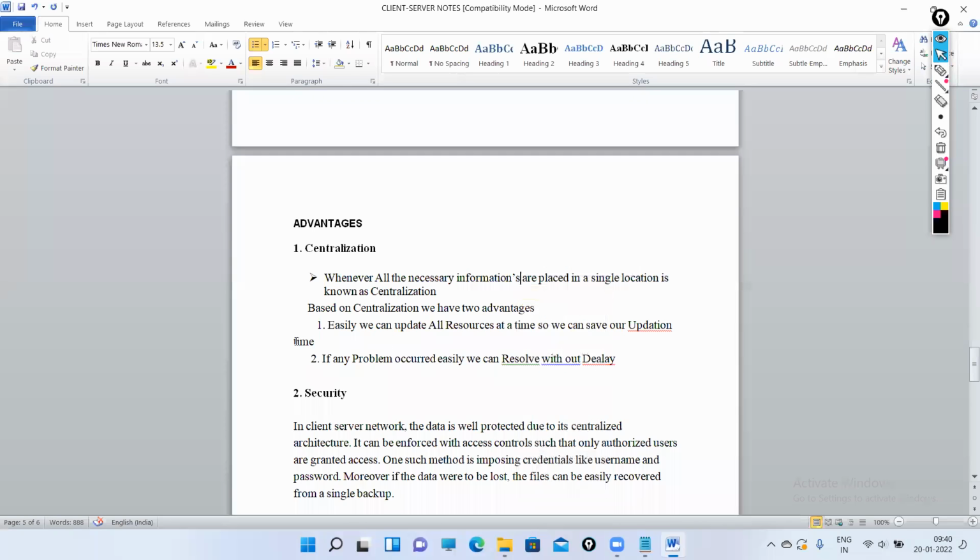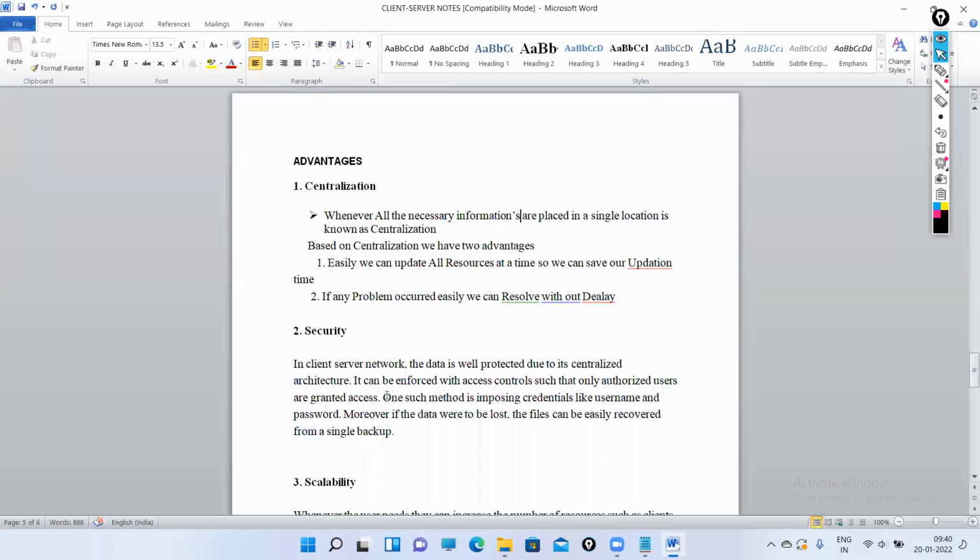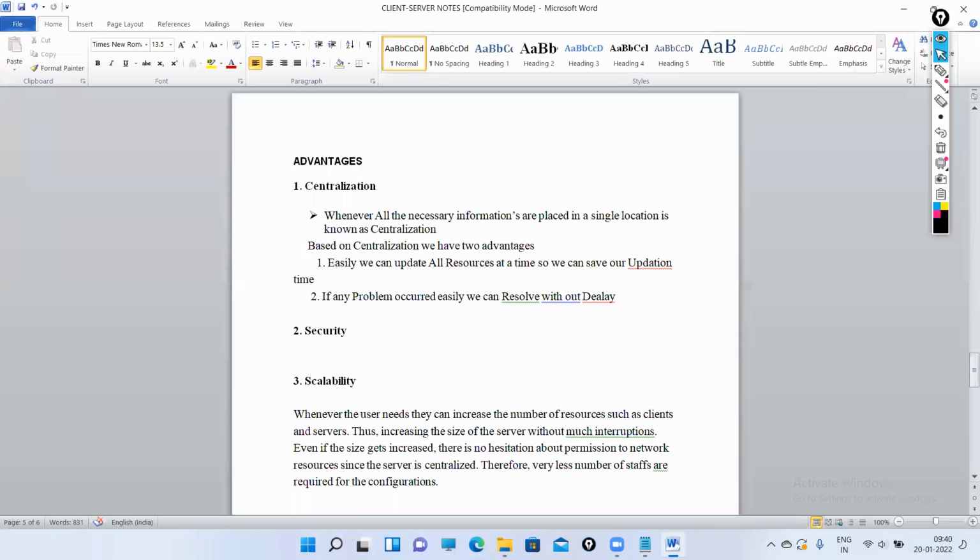Number two, security. Security means what, madam? We can give more security. All data is available in a single place only, so we can give more security.